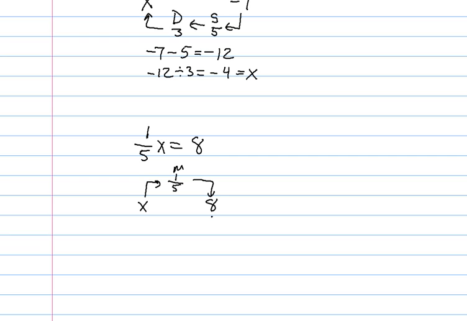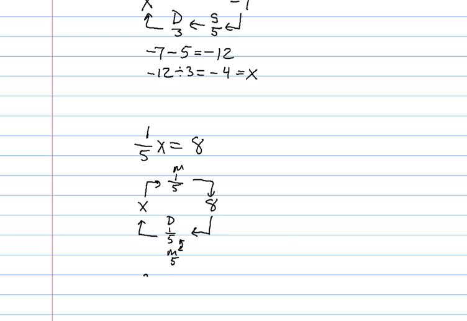Now, to undo this, I know the inverse of multiplication is division, so I divide by 1/5. I remember from my rules in pre-algebra, division of a fraction is the same as multiplying by a reciprocal. So really, these two are the same idea. They are interchangeable. And once I'm done with that, it should tell me what was wrapped up inside this box.